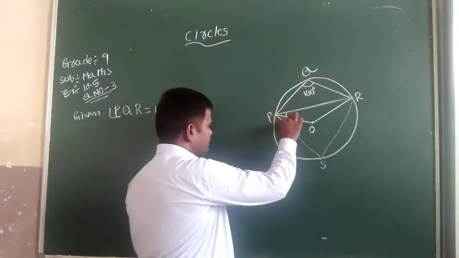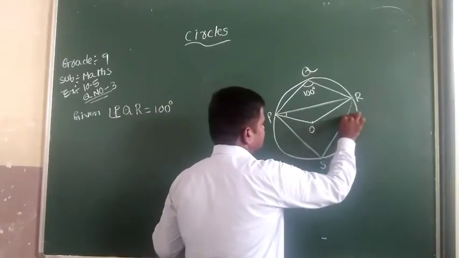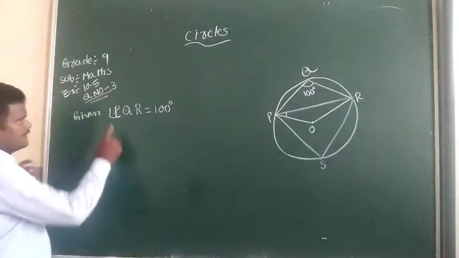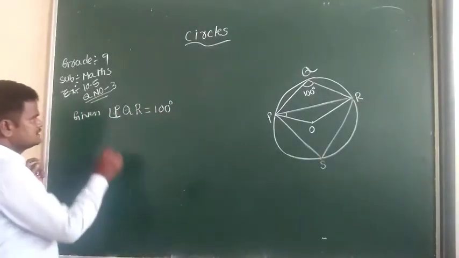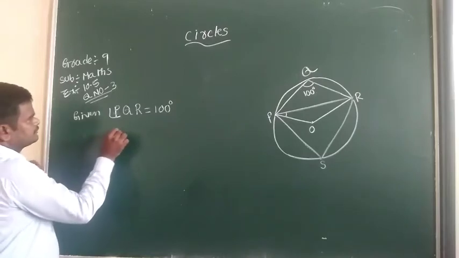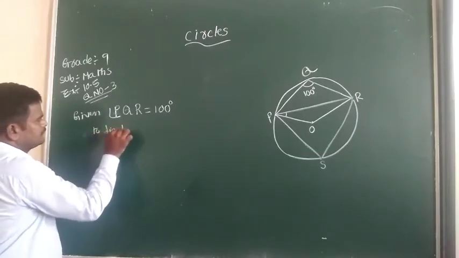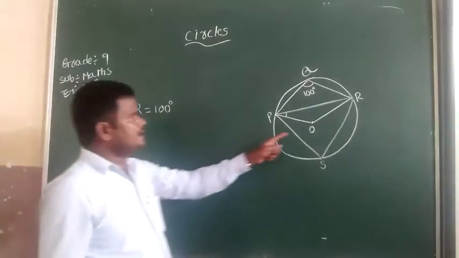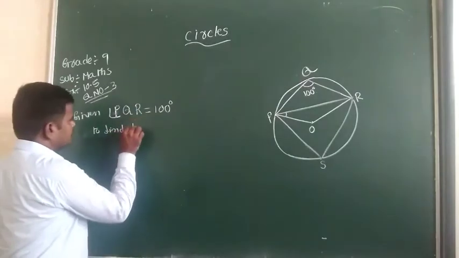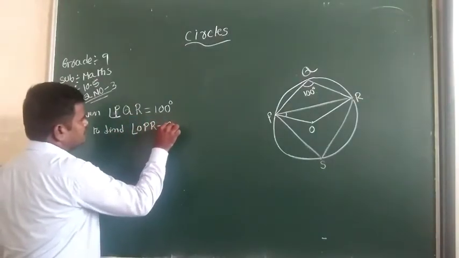PQ, PS and RS are joined. Here PQR equals 100 degrees, and we need to find angle OPR.